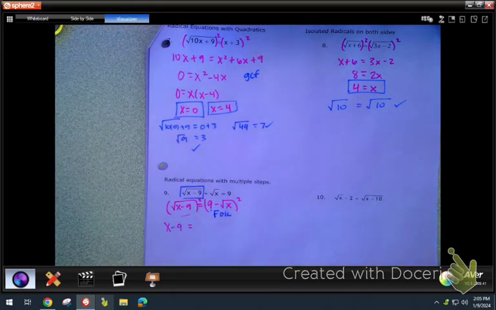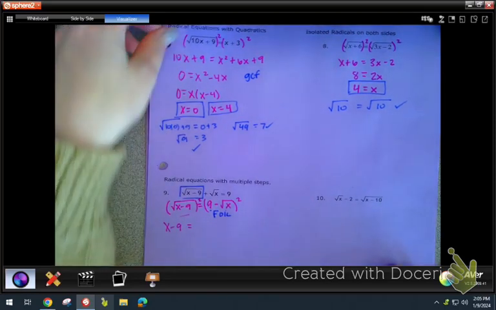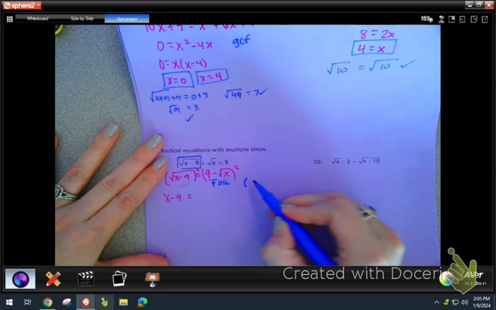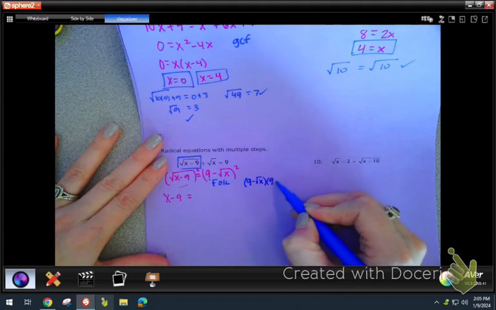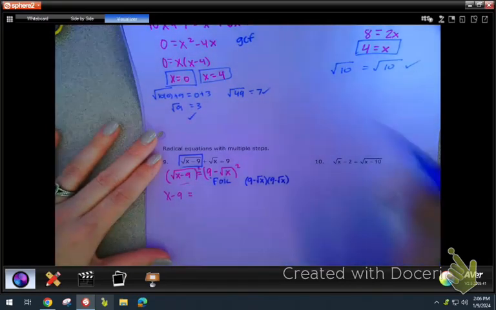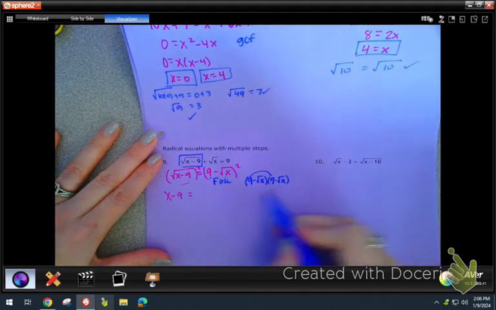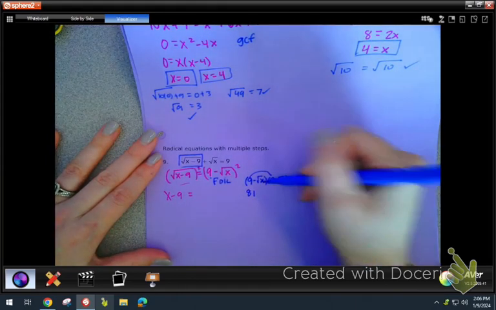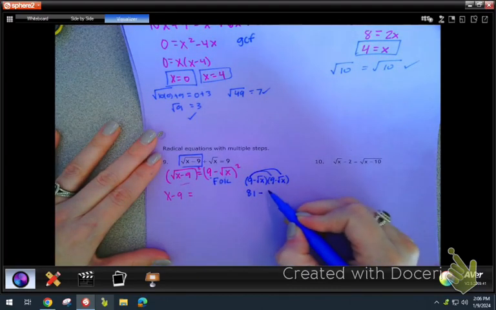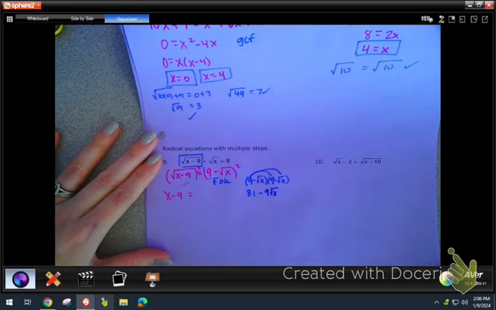I'm going to write this out to the side. I'm going to try to write kind of small so we have room to do the other problem. But I am going to actually FOIL this out. So I have 9 minus square root x times 9 minus square root x. When I FOIL that, 9 times 9 is 81, okay, 9 times negative square root x, that is negative 9 square root x.